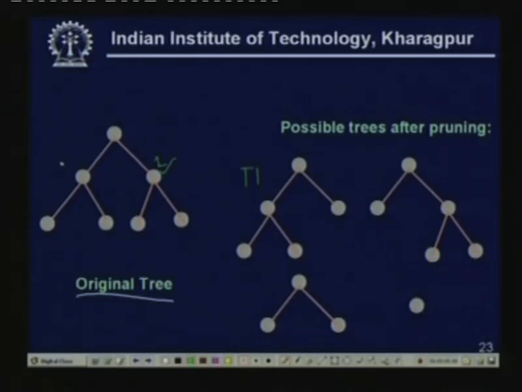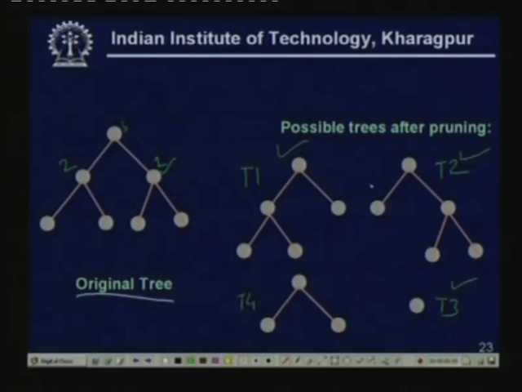If we prune below this node, we get this tree T2. If we prune below this node, we get this tree T3. Now T4 involves pruning both below 1 as well as below 2. So we will consider these 3 trees T1, T2 and T3 as possible candidates.